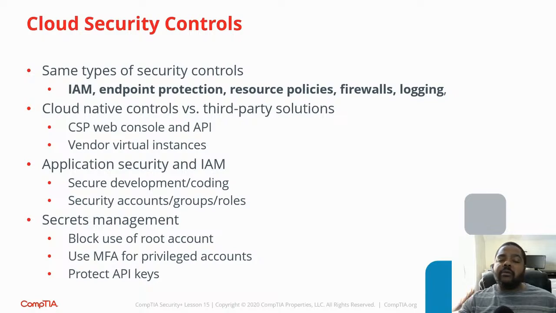Now, when we're talking about security controls on the cloud, we want to follow the same format that we do for physical devices in our environment. So we want to put endpoint protection on there. We want policies regulating what users can and shouldn't do.